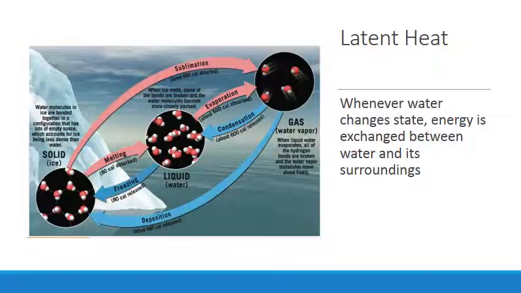Whenever water changes state, energy is exchanged between water and the surroundings. For example, heat is required to evaporate water. The heat involved when water changes state is measured in units called calories. 1 calorie is the amount of energy required to raise the temperature of 1 gram of water by 1 degree Celsius.